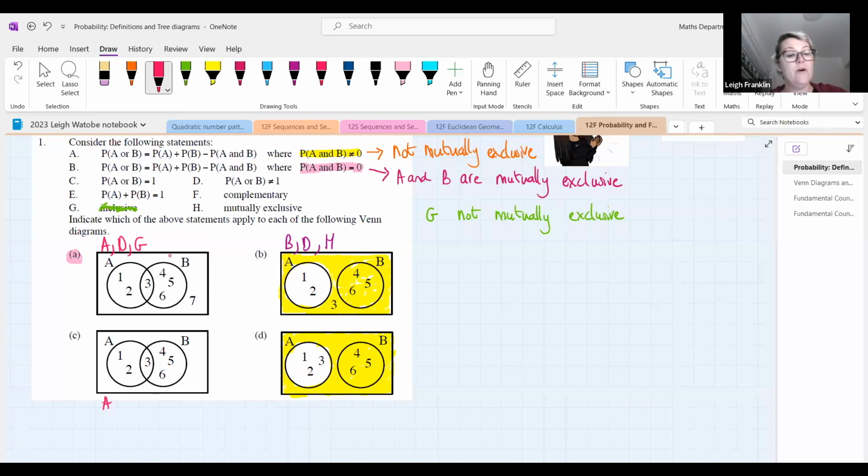I would say they are not mutually exclusive because we've got that area of intersection. I agree. Someone else says G will apply here. Yes, quite right. A and G apply. Is there anything else that applies in this situation?